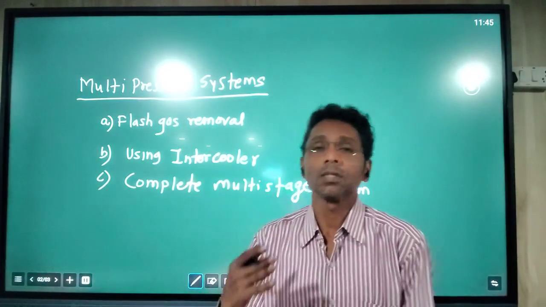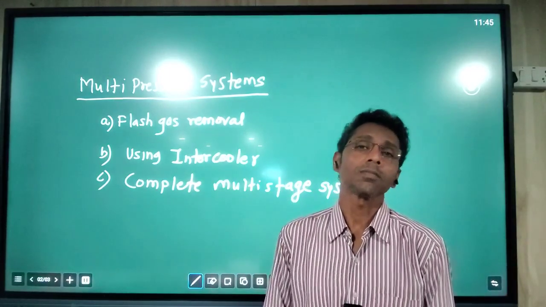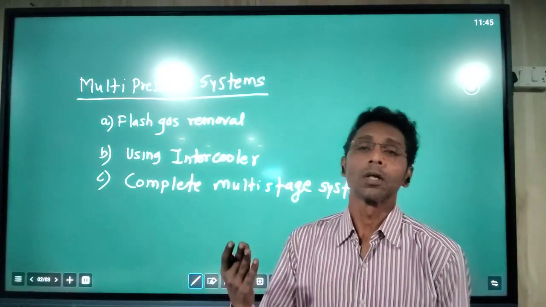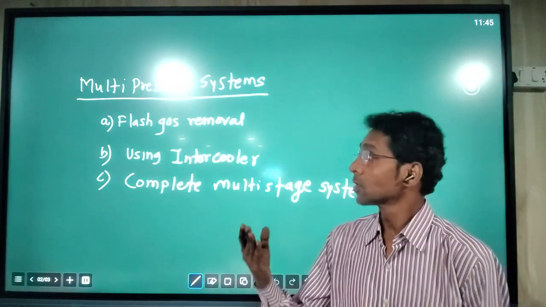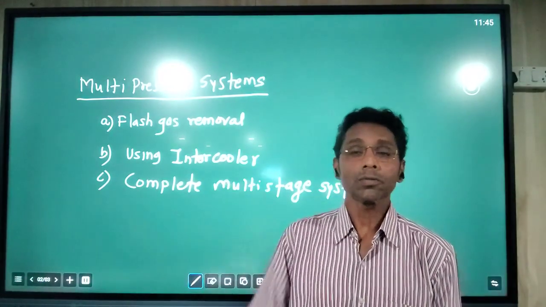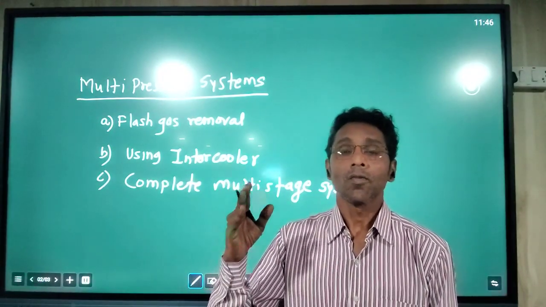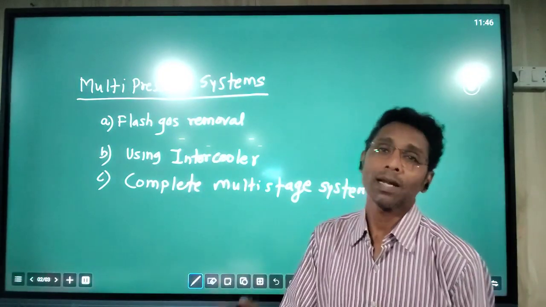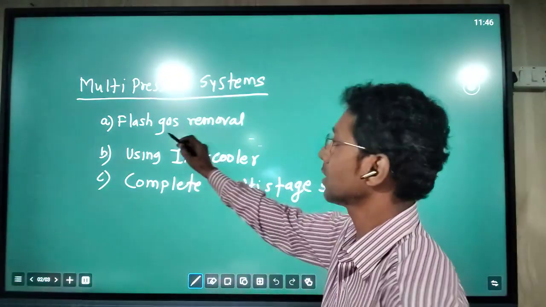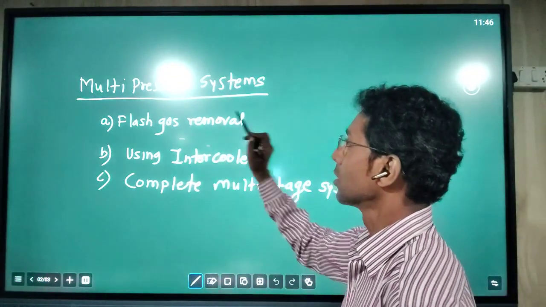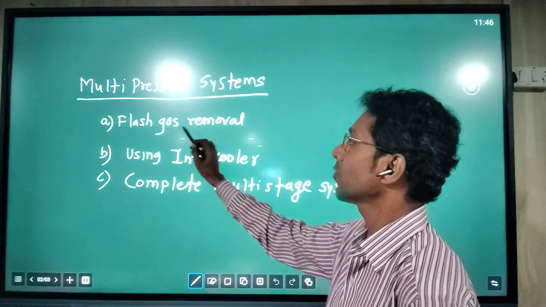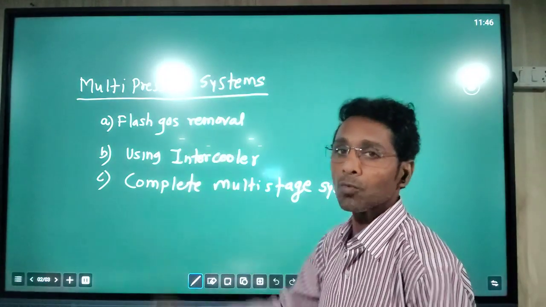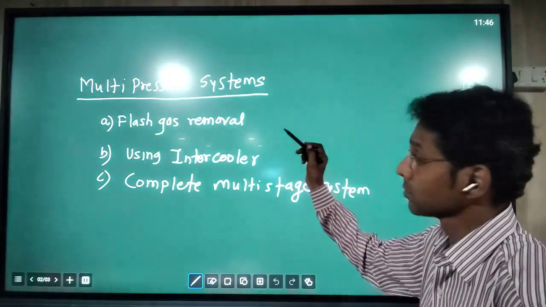More flashing occurs in a single stage refrigeration system if we use it for heavy duty application. So in that case, we have to remove the flash gas which is produced during the expansion process. So that is one way, flash gas removal. So multi-pressure system with flash gas removal is one method.